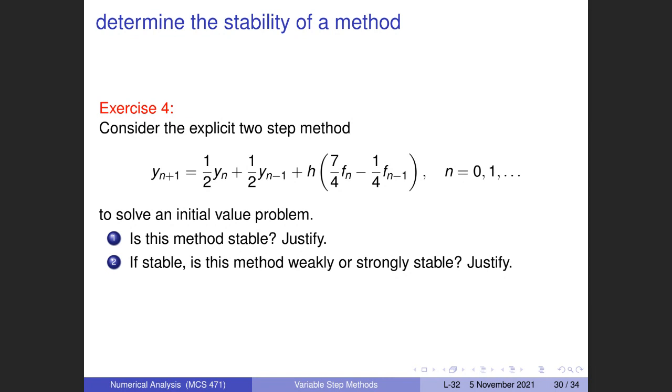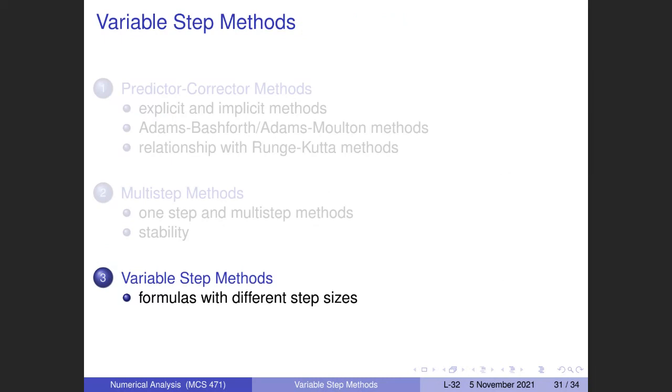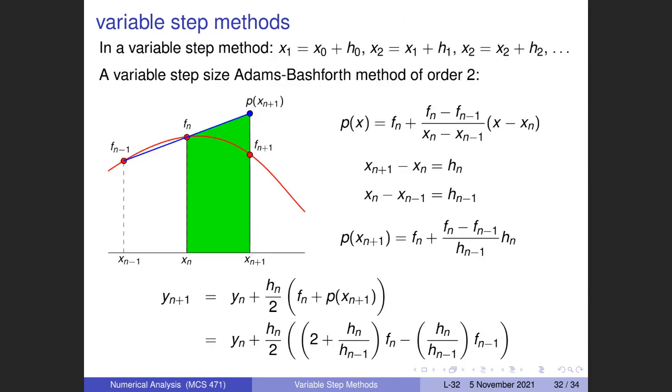All right, multi-step methods. So we've seen predictor-corrector methods and multi-step methods. We can also have variable step methods, and I will conclude this lecture with simple examples of methods where we use different step sizes. Here is an example of a variable step size method of order 2, where we use the Adams-Bashforth method.